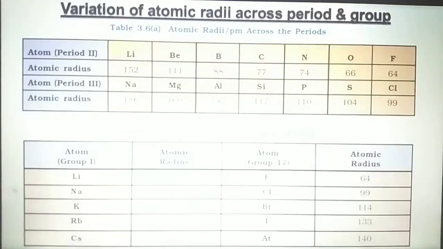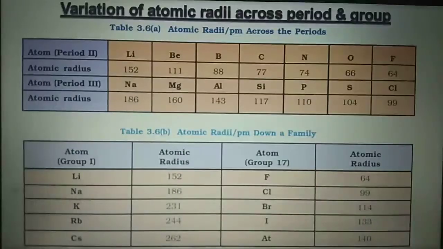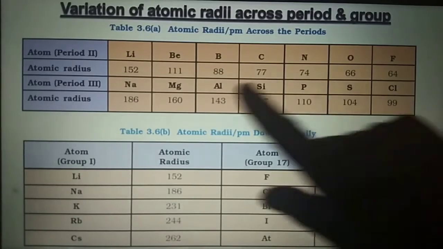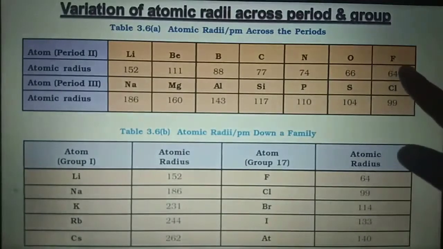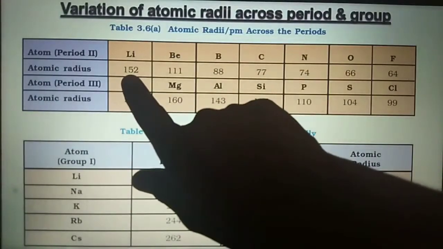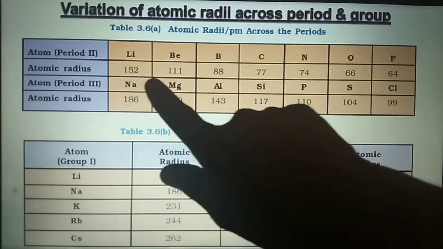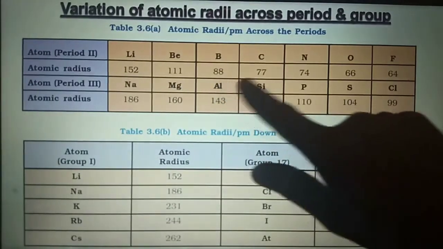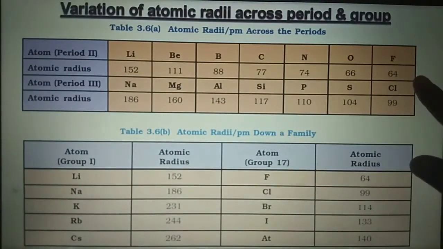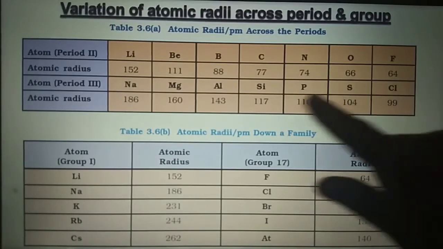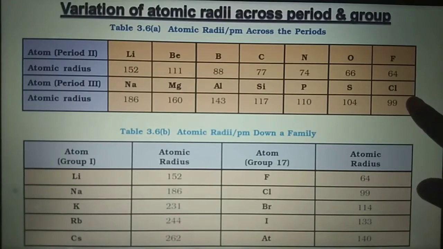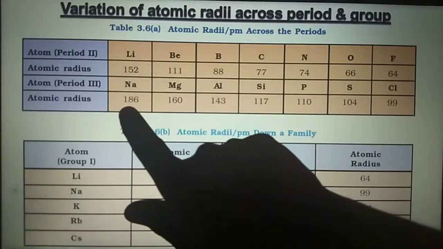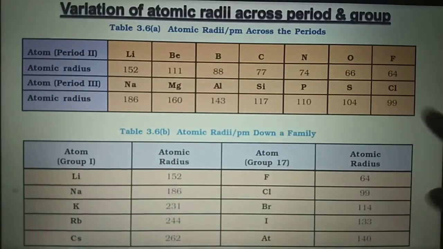So here is the table from the NCERT book, table 3.6a and b, and here we can observe that in a period from lithium up to fluorine, the atomic radius is changing: 152, 111, 88, 77, 74 up to 64. And similarly for the 3rd period, from sodium to chlorine, we observe that the atomic size decreases.